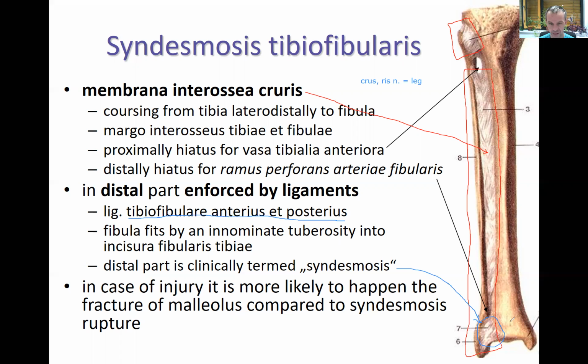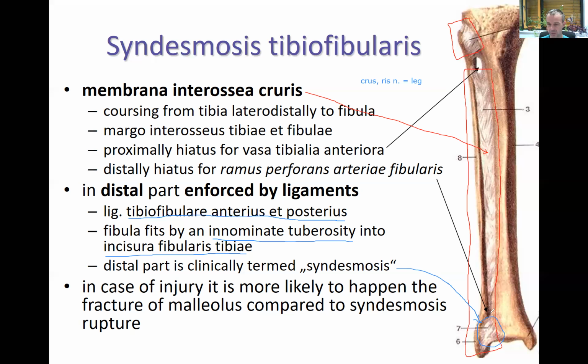And on one side, it is attached to the fibular notch on tibia. On the other side, it is attached to an innominate tuberosity on fibula, which you find above the articular surface. And this is a very firm, but still a bit movable fibrous joint.